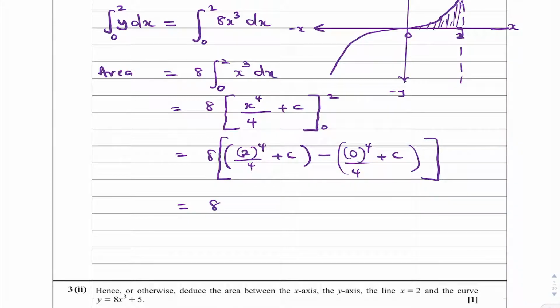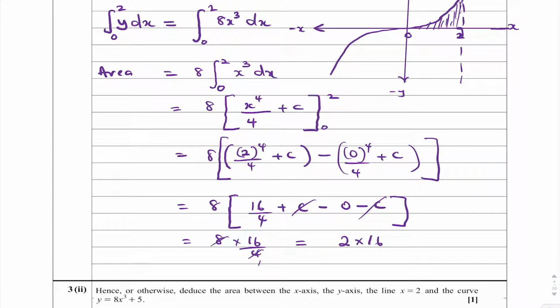And now I get 8 into bracket 2 to the power of 4 is 16 over 4 plus c minus 0 minus c, and that c cancels out, so I get 8 times 16 over 4, which gives 2 times 16, 4 here 1, 4 here 2, 2 times 16, and the area is 32. So area is 32.